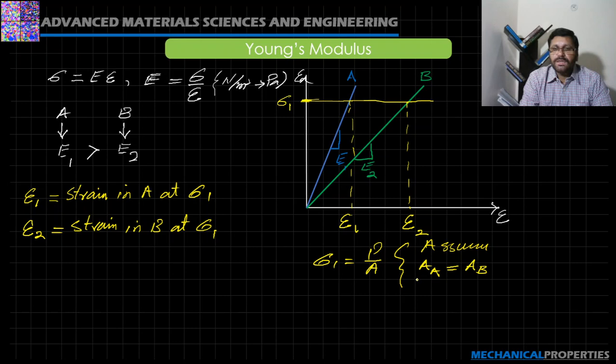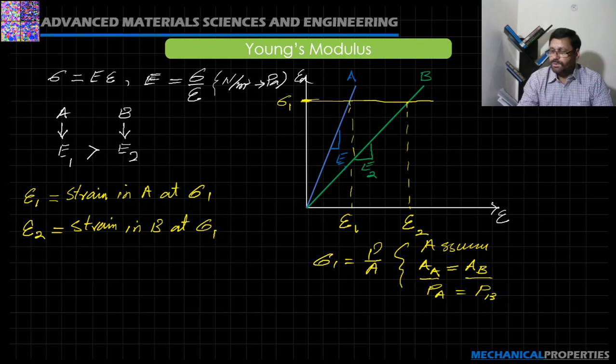The cross-sectional area of specimen A is the same as the cross-sectional area of specimen B, and the loading is the same for A and for B.